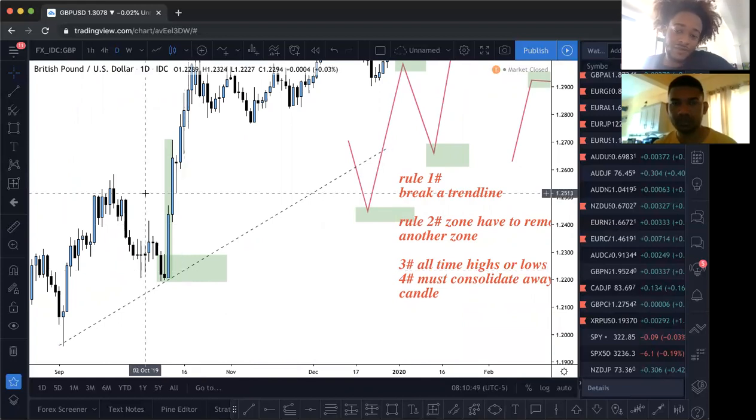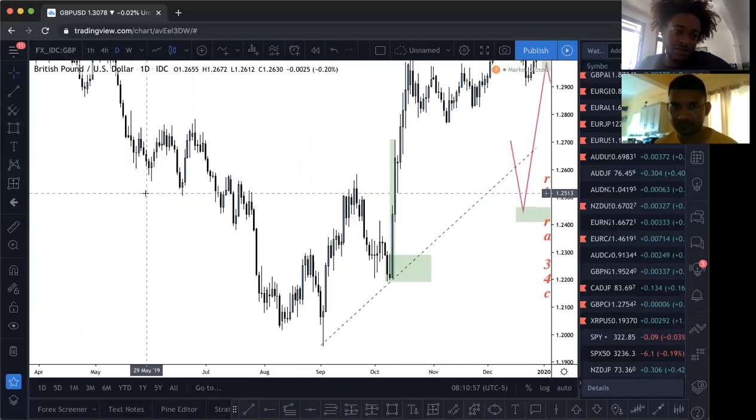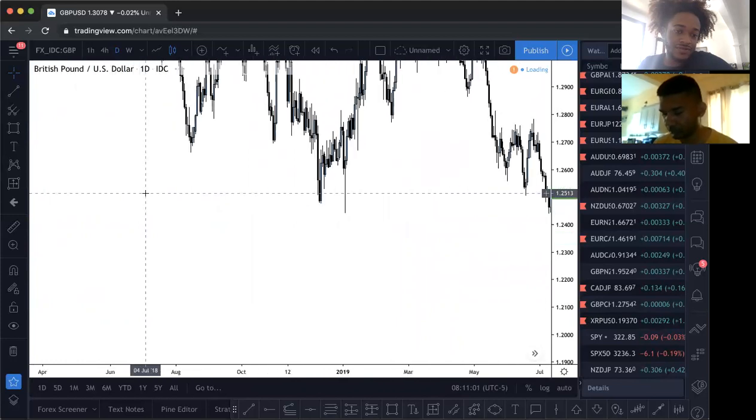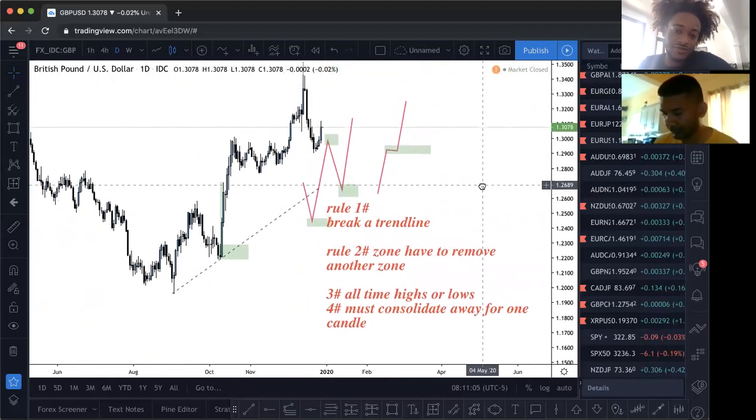It has to stay up for at least one candle. If it comes straight back down one time, that means it was not a valid zone, or not strong enough to stay away. But if it stays away longer, valid it is.